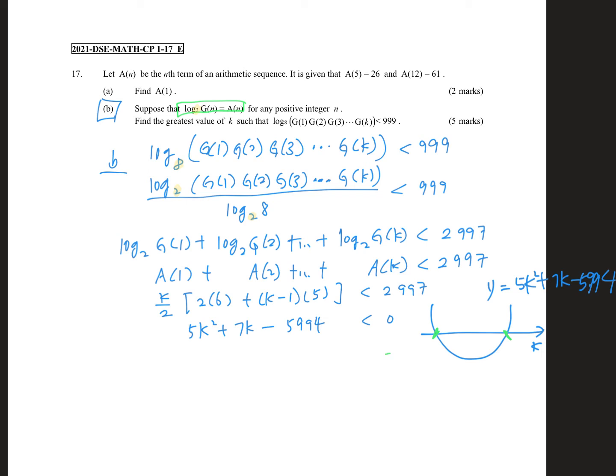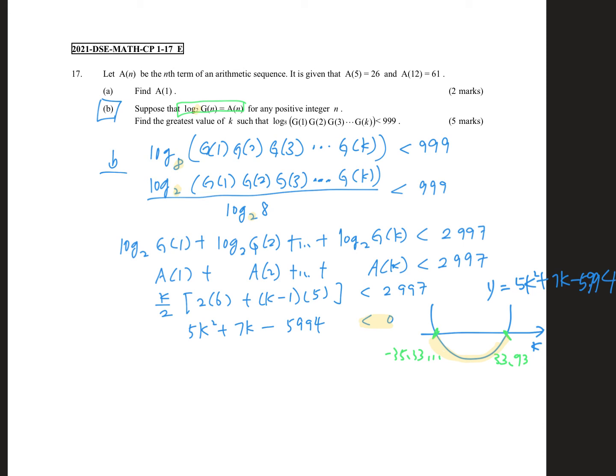Negative 35.3, and the other one would be 33.93. Since the question wants us to find the range of values of k such that the value of y is less than 0, we want this part of the parabola.